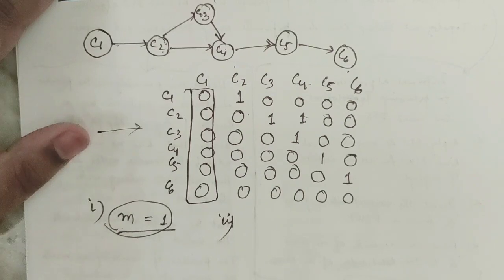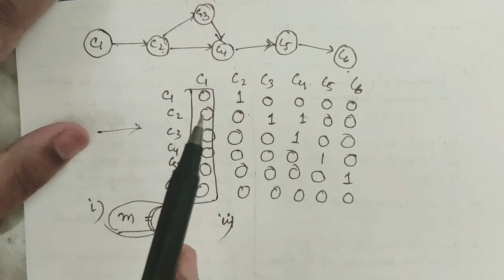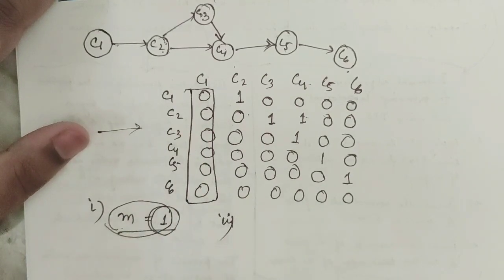Because I told, if a column is found, then assign m to the node and increment m. What is the value of m initially? 1. So assign 1 to C1 and increment m by 1.